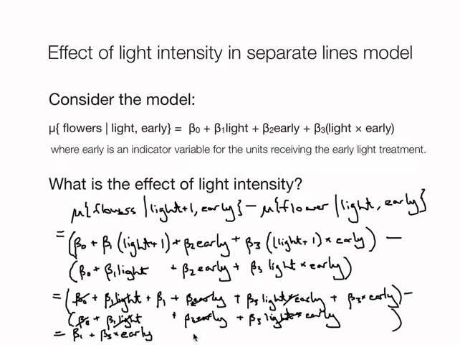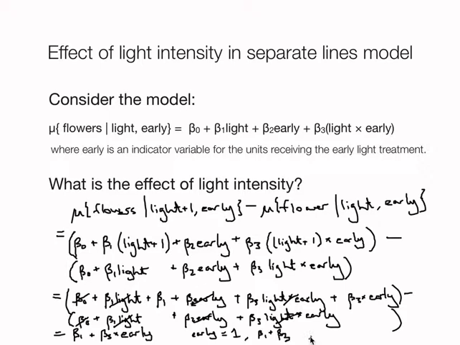Just imagine if we did have units that got the early treatment, so if early is equal to 1, then the effect of light would be beta 1 plus beta 3.